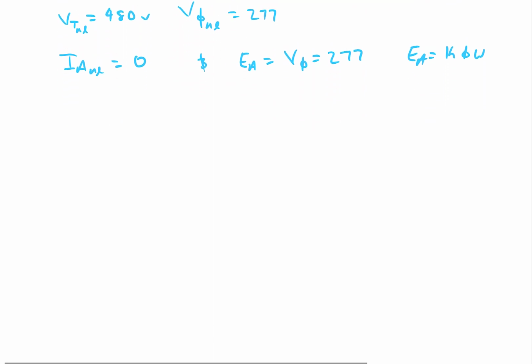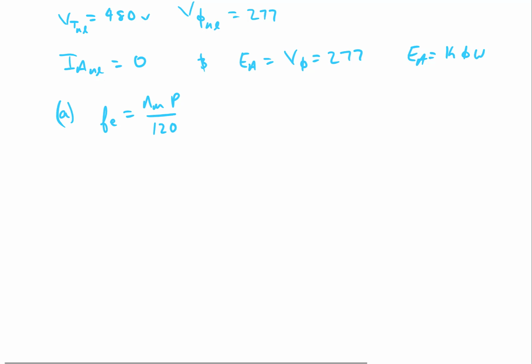Okay, so let's look at part A. In part A, we're asked to find the speed of rotation of the generator, and the relevant equation here is Fe equals Nm P over 120. So Fe here is the electrical frequency, Nm is the speed that we're looking for, and P is the number of poles.